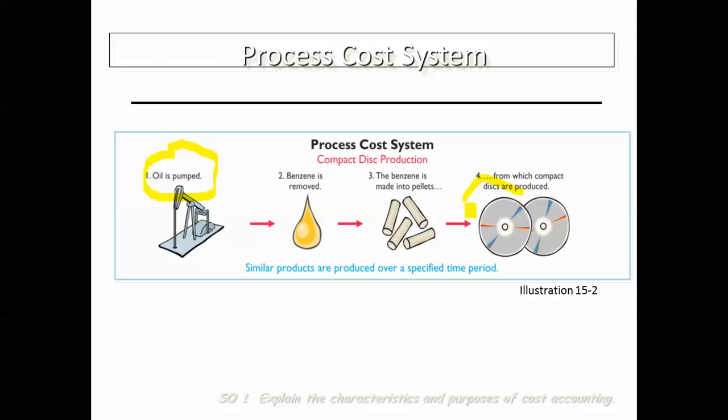Computer disks, same thing. Coca-Cola plant. Each product that is produced has the same amount of material, labor, and overhead in it. Whereas in job costing, each job has a different amount of material, a different amount of labor, and a different amount of overhead.